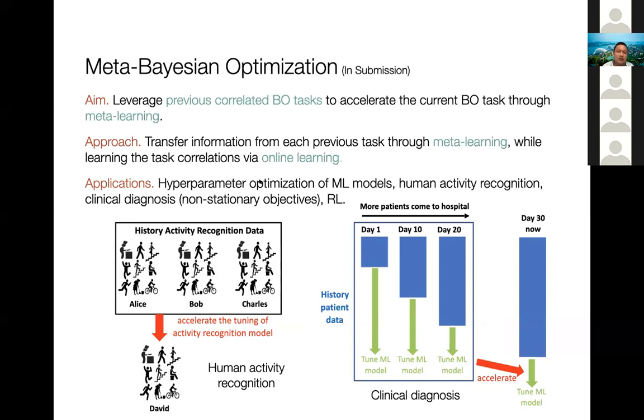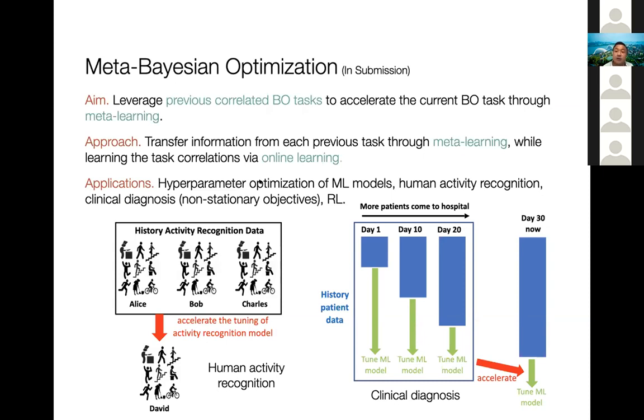What's interesting as well is that typically in meta-learning or transfer learning, we assume that all previous tasks where you have pre-trained something are always helpful to your current task. But how sure are we that they are always helpful? What if those tasks are not helpful, and in fact may hurt your learning or your optimization performance?